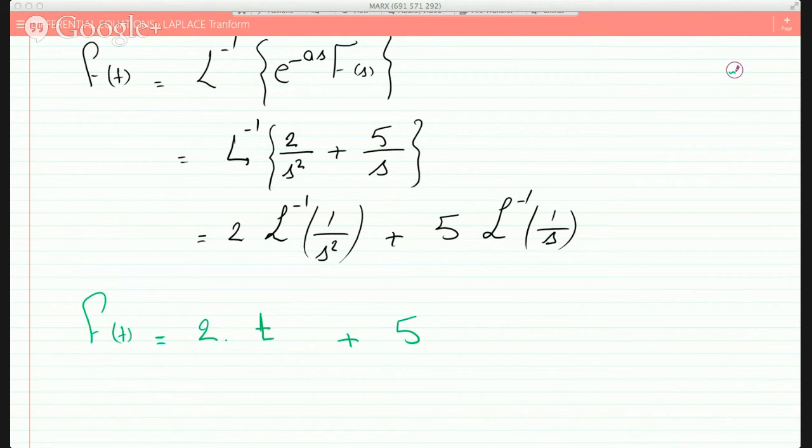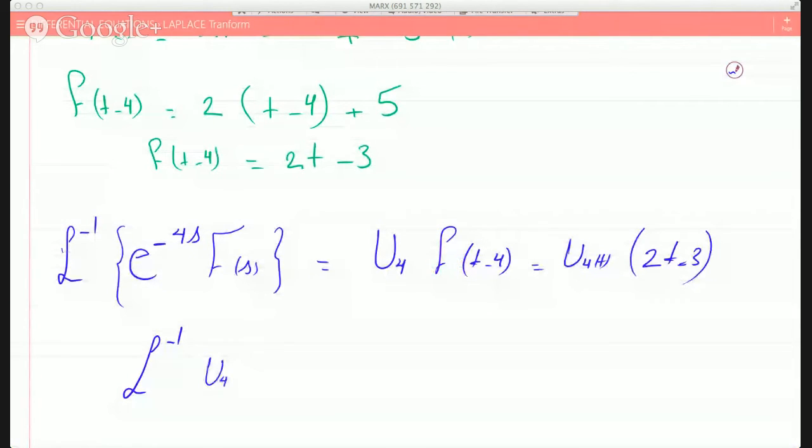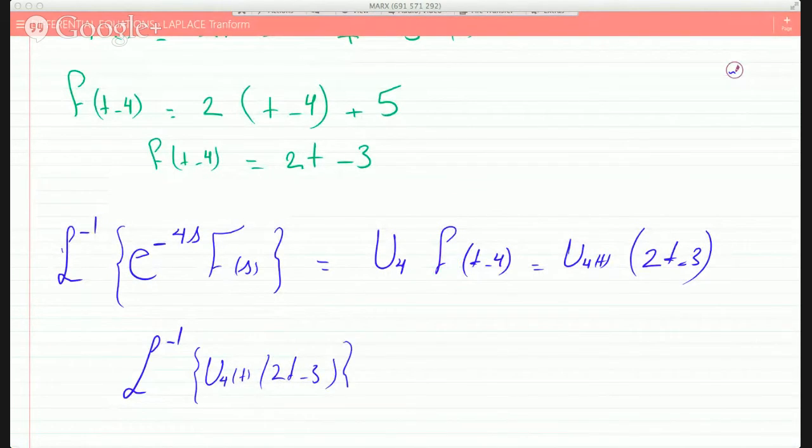So now you know that this is going to be a piecewise function because of that u. So that means the inverse Laplace of e to the minus 4s times f of s, u of 4 times 2t minus 3, is going to be 0 if t is between 0 and 4, because it breaks up at 4.